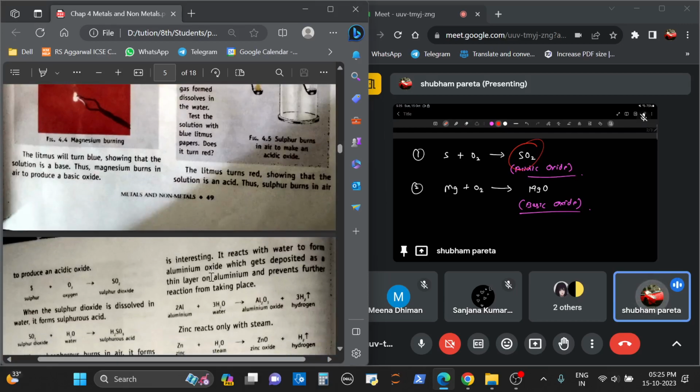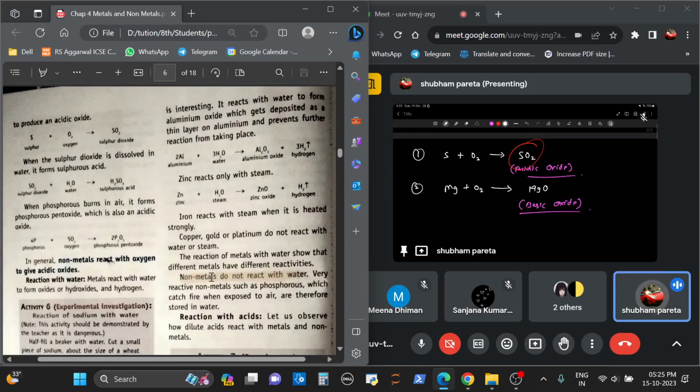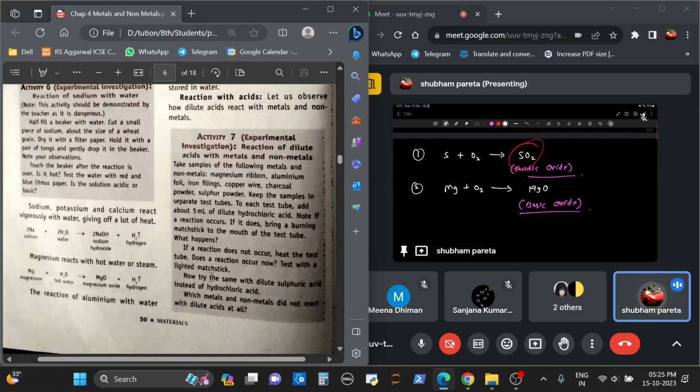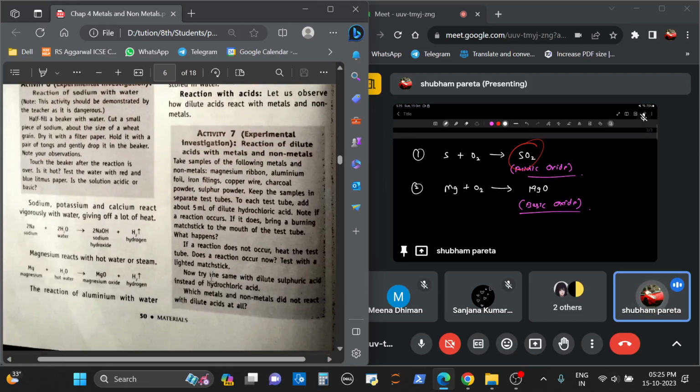Some of the acidic oxide reactions are already written in your book. Now proceeding to the next thing: in general, non-metals react with oxygen to give the acidic oxides over here.